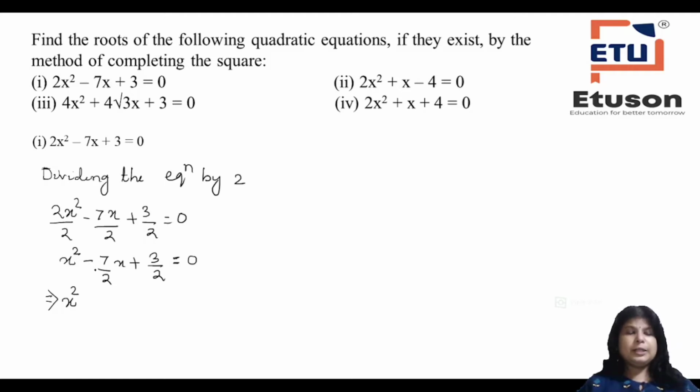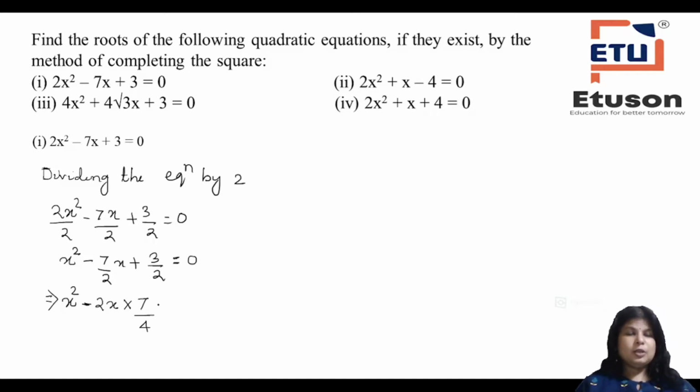If you multiply 2 here, because you need 2ab, so 2 into x, a is there, into b will be how much, because you have multiplied 2 here, so you have to divide that by 2. In that case, what will be your b? b will be 7 by 4. Correct or not?